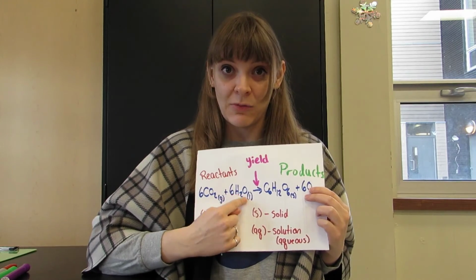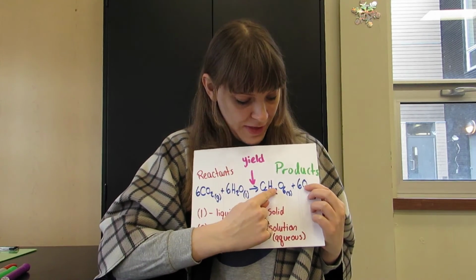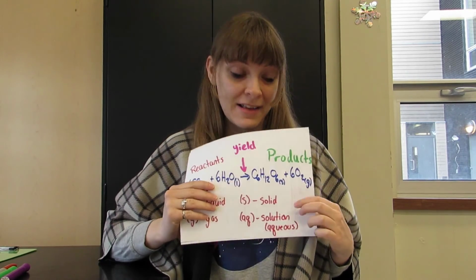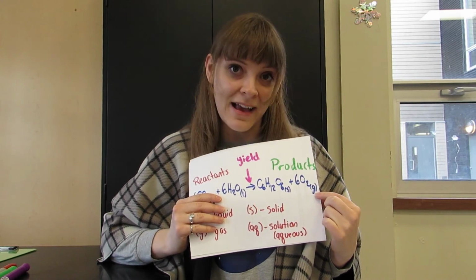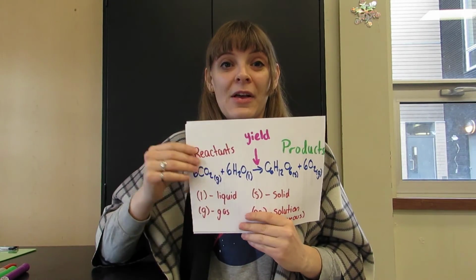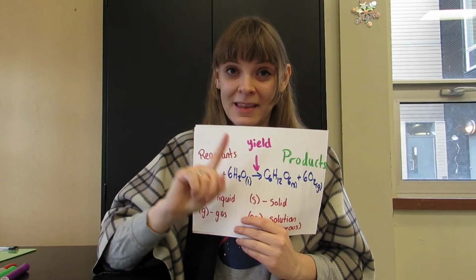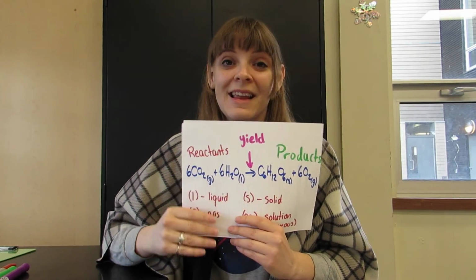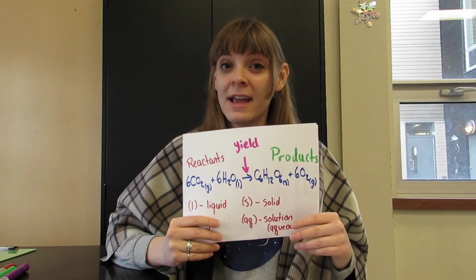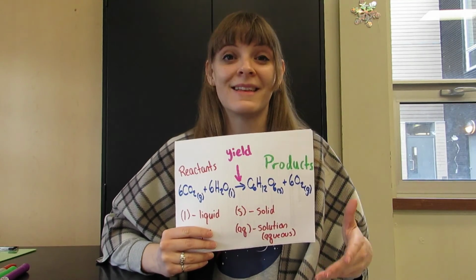This is liquid water. This is solid, because it has a little S there. And this is gas. So L stands for liquid, G stands for gas, S stands for solid, and AQ stands for aqueous, which is when something is in solution.